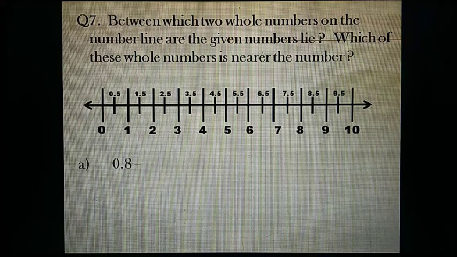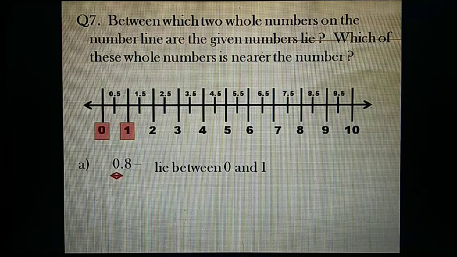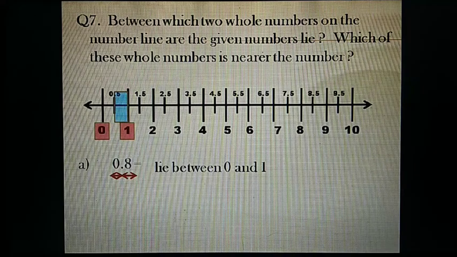Here the first number given to you is 0.8. 0 is the whole number. It will come between 0 and 1. 8 is the decimal part here, which will come between 0.5 and 1, and yes, it is nearer to 1.